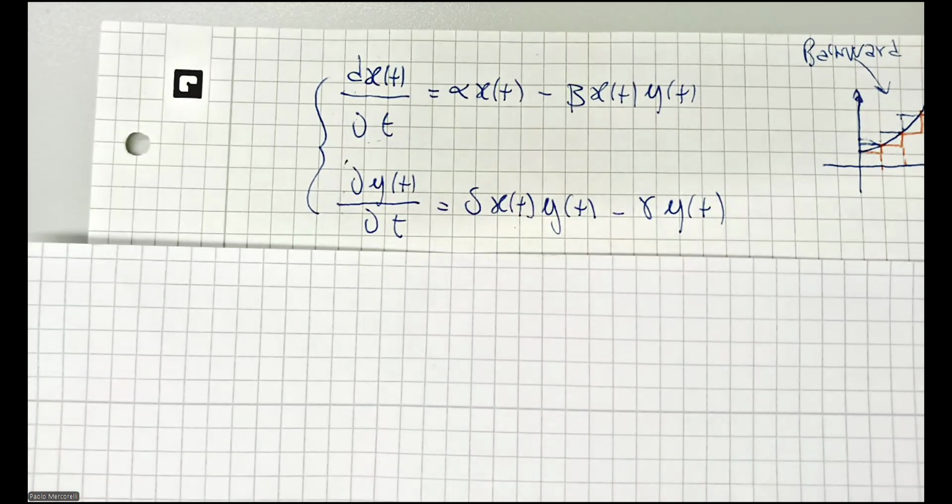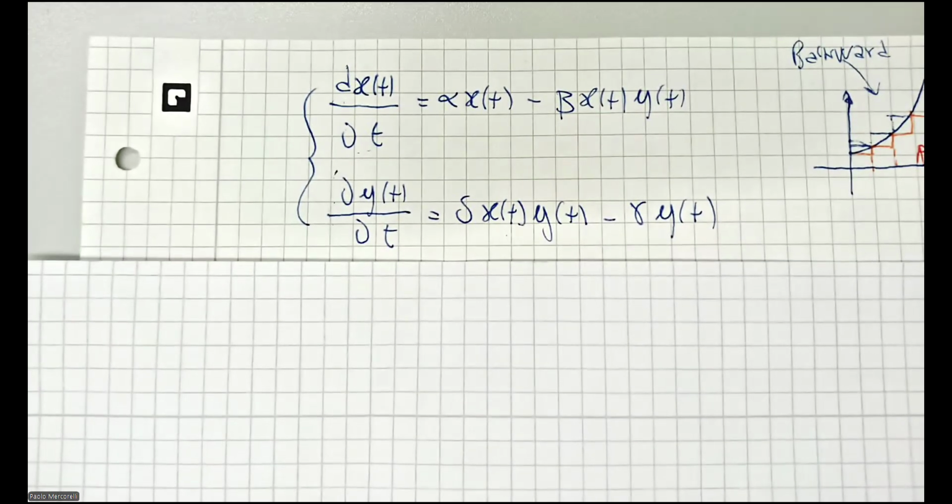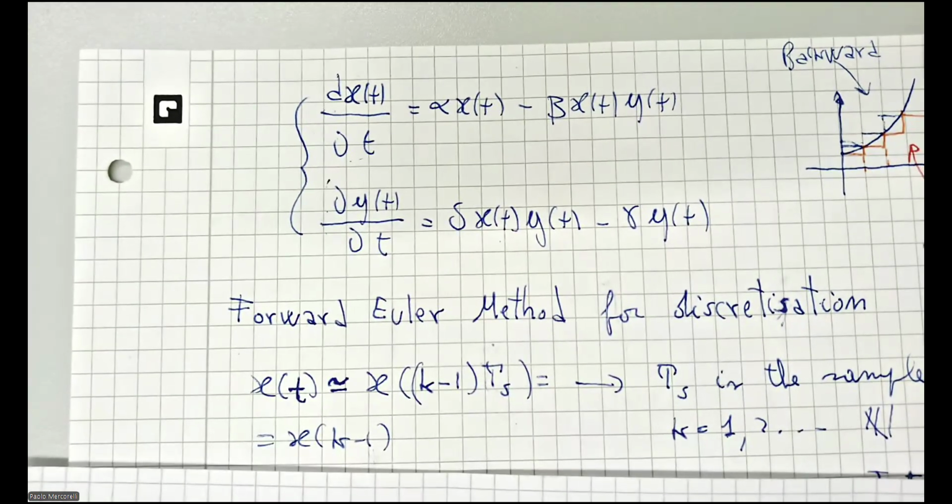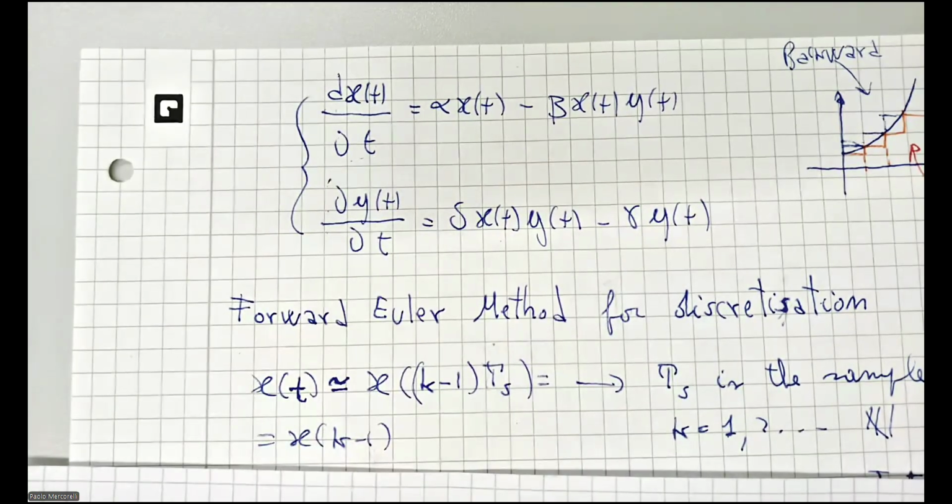In order to apply PSO, as I told you last time, PSO is basically a discrete method, or at least can be seen in the form of a discrete method. We need to realize the discretization of this system here.